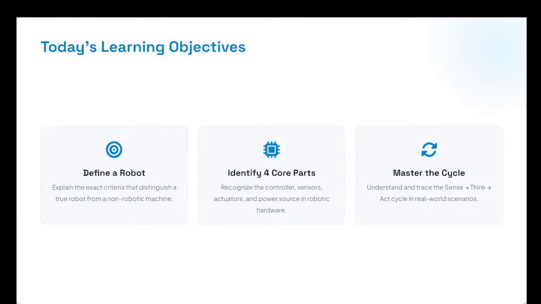Then, master the cycle: understand the sense, think, act cycle in real-world scenarios. So you define the robot, then identify 4 core parts, then you master the cycle. Try repeating that on your own.